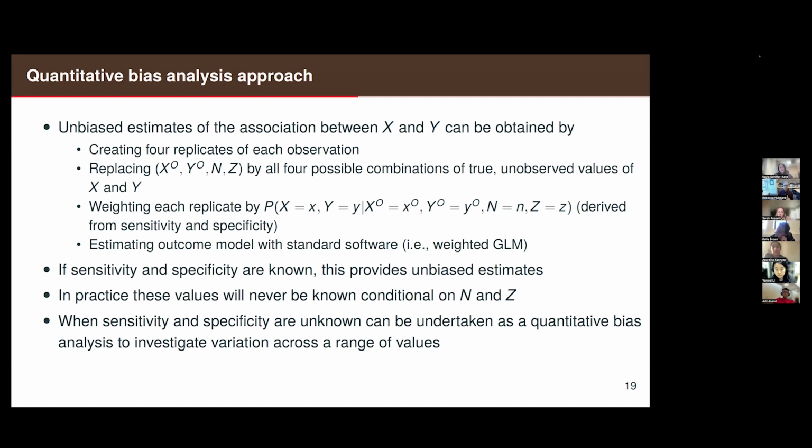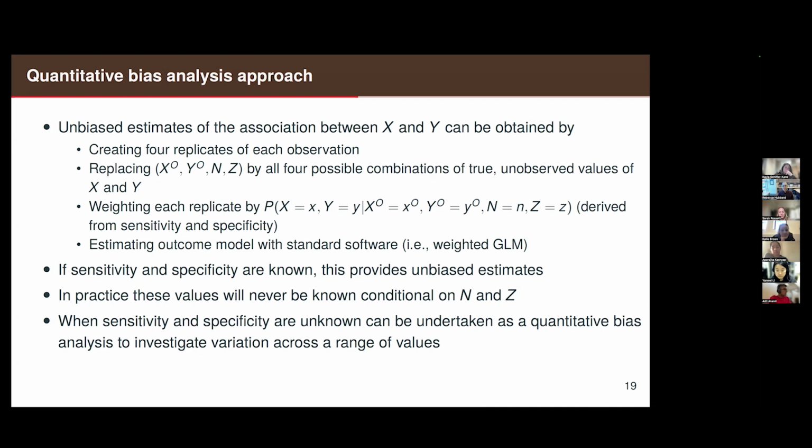But this algorithm is saying we not only need to know the sensitivity and specificity of X and Y separately, but we need to know the sensitivity and specificity of each of them conditional on utilization intensity, and we need to know the sensitivity and specificity of one of them conditional on the other. So what's the sensitivity of X conditional on Y, or what's the sensitivity of Y conditional on X? In practice, no one has that information. That validation study has never been conducted. You're never going to know all of those pieces of information that you would need to.